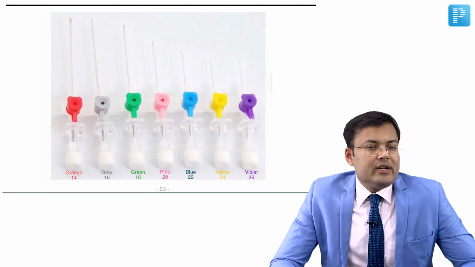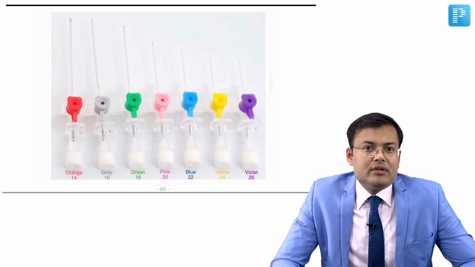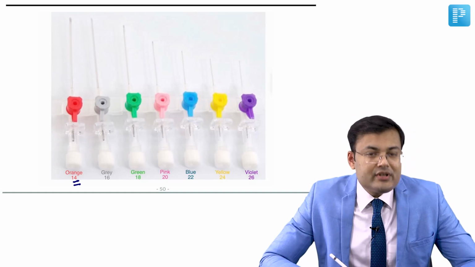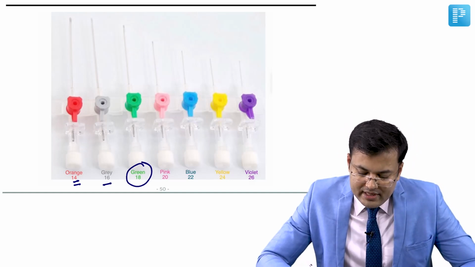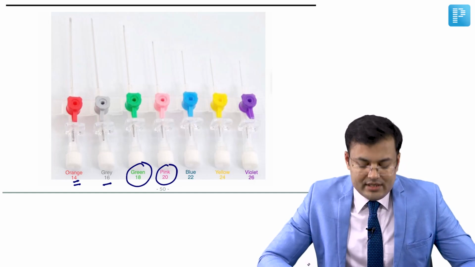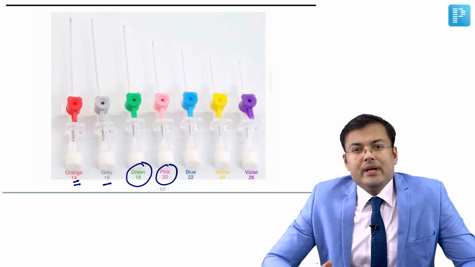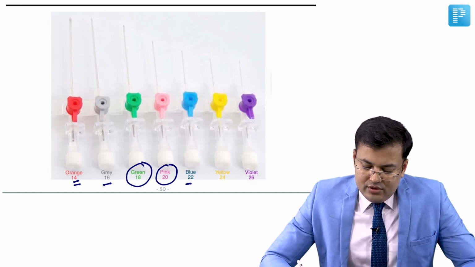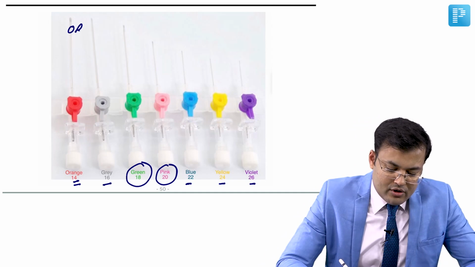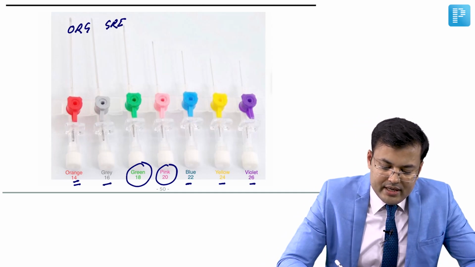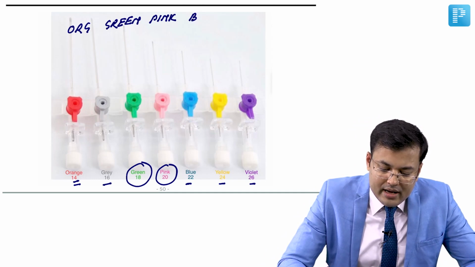Cannula color coding and size is very important. So see, orange cannula is 14 gauge, gray is 16, green 18, pink 20, most commonly asked. So green is 18 gauge, pink is 20, blue 22, yellow 24, violet 26. How to remember? The mnemonic is: Organize Green Pink by Violet.